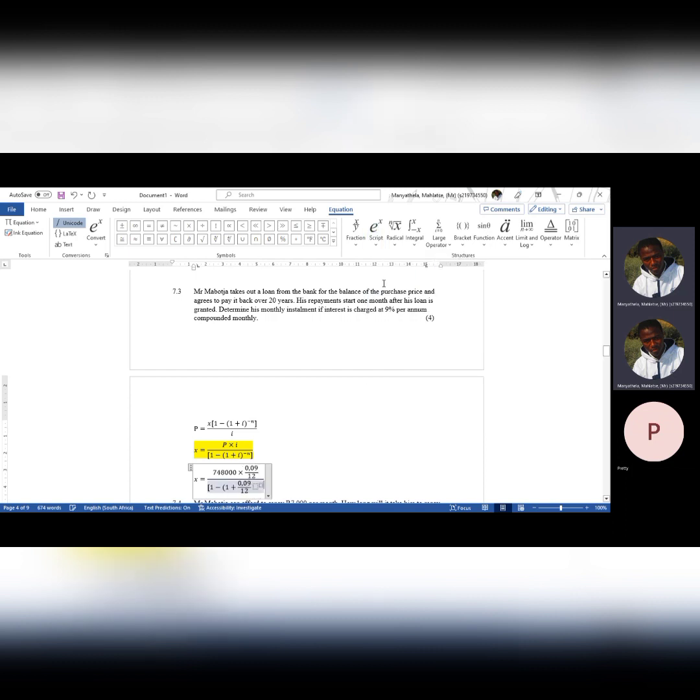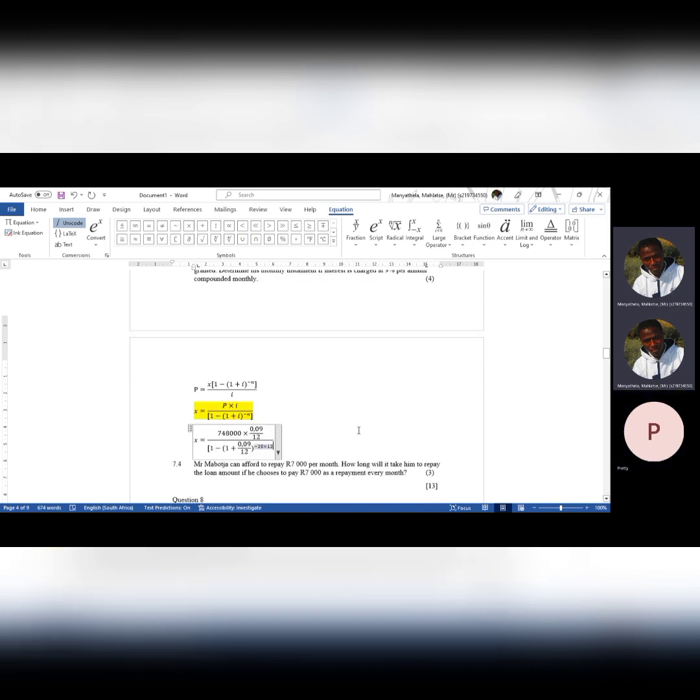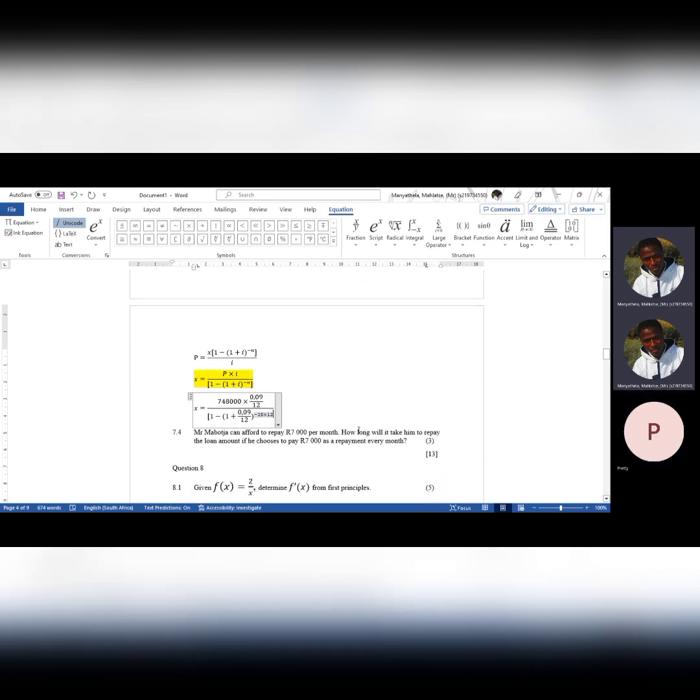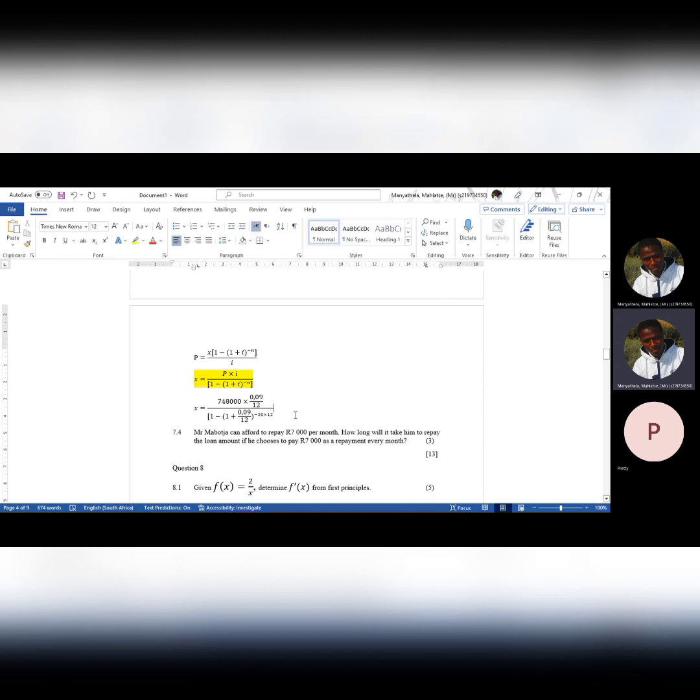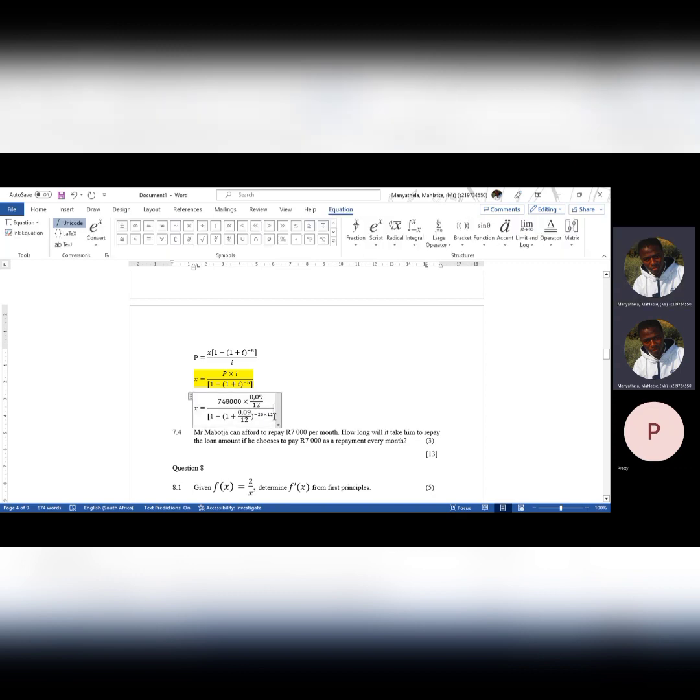To the exponent negative 20 times 12, because it's compounded monthly. So we divide by 12 and then we multiply n by 12. And then let's close the bracket.